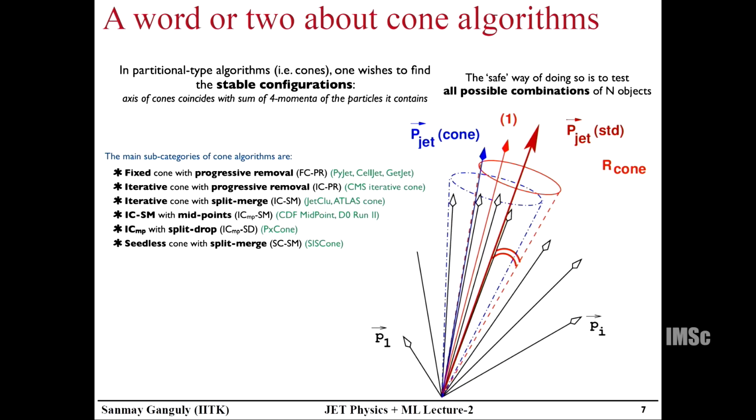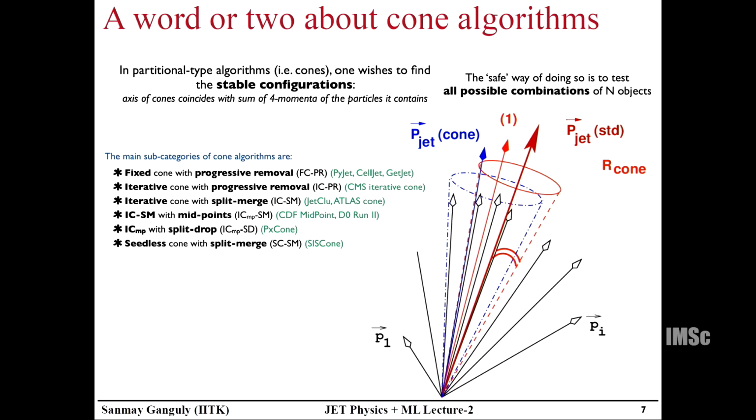So before completely switching to sequential clustering algorithms, let's look one last time into the cone algorithms. In cone algorithms, you're given the whole set and you want to partition it. There are many different partitions, but the algorithm tries to find the hardest particle, here meaning the highest pT particle, and then builds partitions around it.